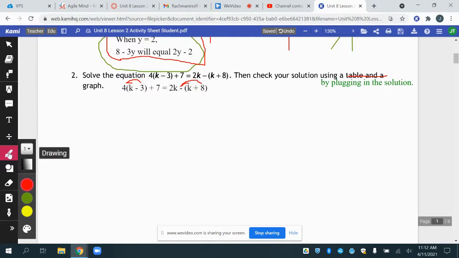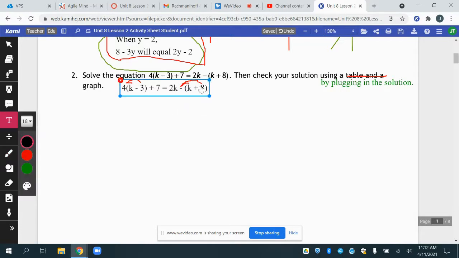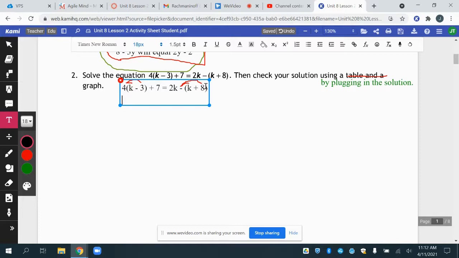So what that ends up being is 4 times k is 4k, minus 4 times 3 is 12, plus 7, minus k, also minus the 8.